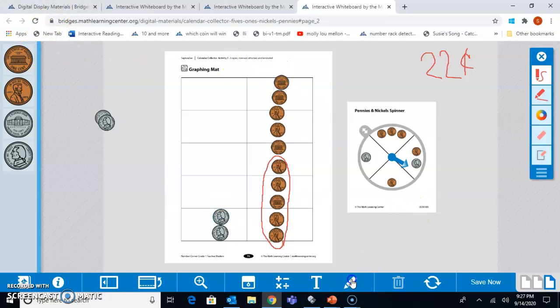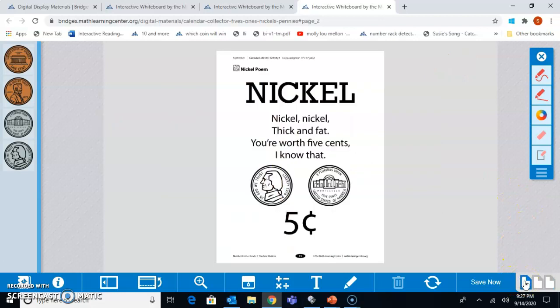Look at there. There's another group of 10, isn't there? Or a group of 5, sorry. Another group of 5. So we have 5 pennies here and 5 pennies here. What does that make? It makes 10. Now, do you remember how much a nickel is worth? It's worth 5.